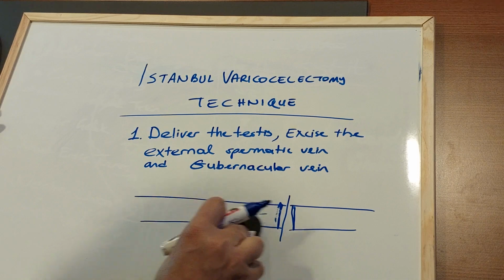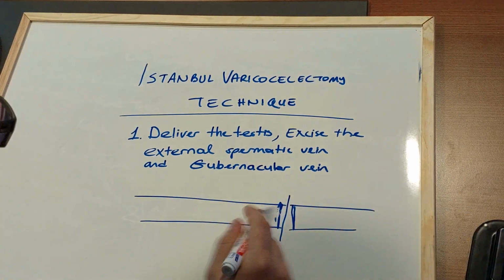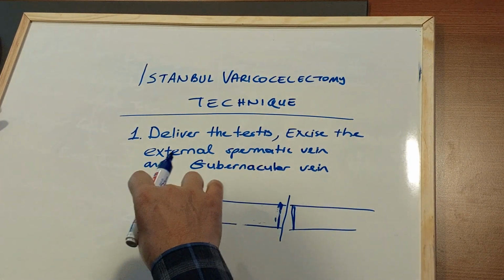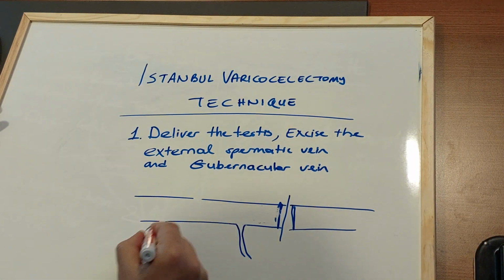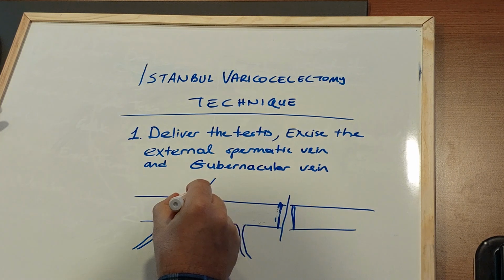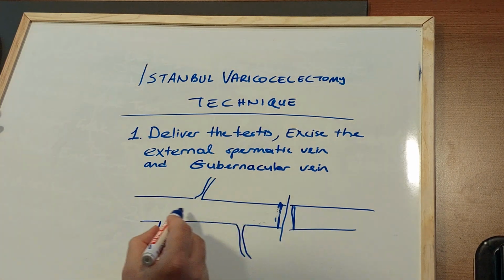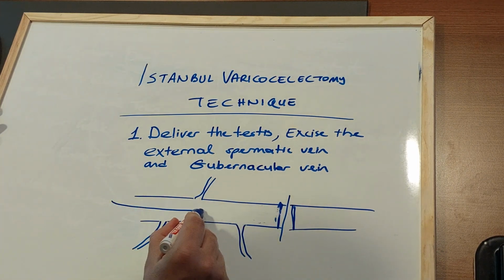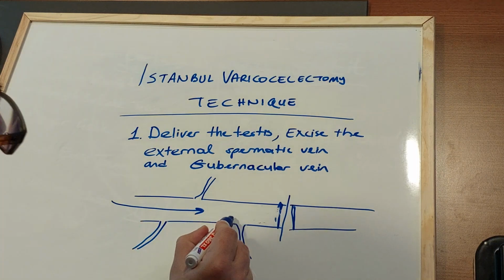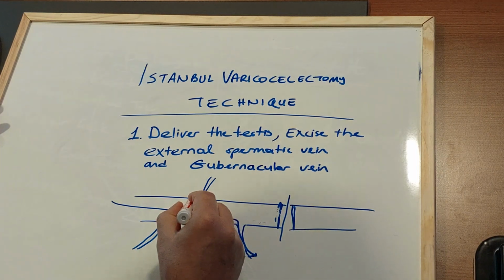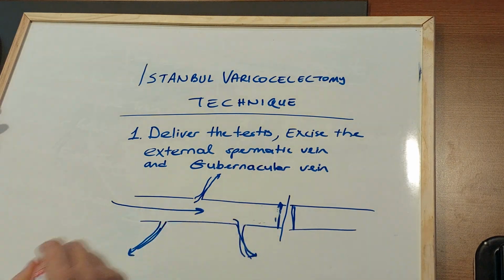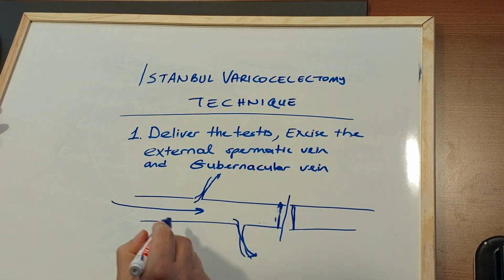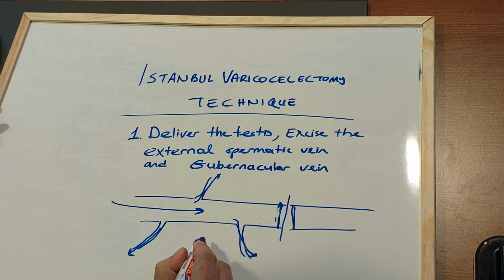I think what is happening is there are some tiny branches in these vessels, very small, that are not visible during the procedure. So the blood coming from the testis side is finding some route through these channels and branches, so it continues to flow. When it flows, it will not coagulate and it will not disappear.